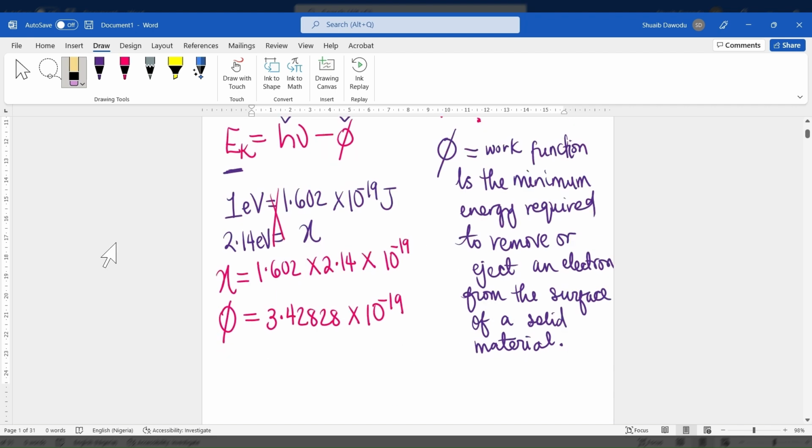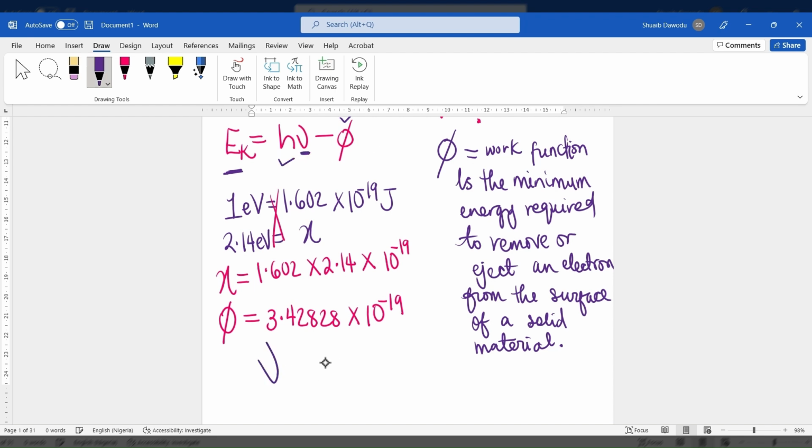So now that we successfully determined the work function, we have to determine what ν is. ν is the frequency. Frequency is simply c divided by λ, because c is equal to wavelength times frequency. Hence, the frequency is simply c divided by λ, where c is the speed of light at 2.998 times 10 to the power of 8 meters per second.